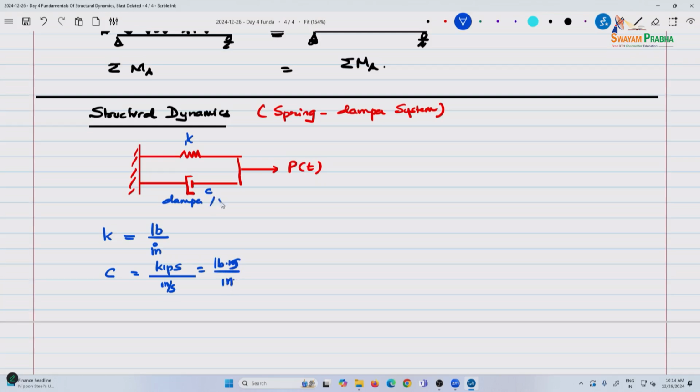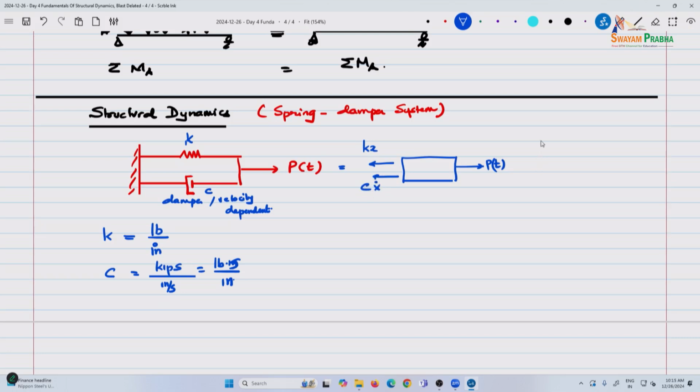So a damper's force is velocity dependent. And so this whole thing is now represented by a mass and then you have P of t. The spring force is dependent only on x, the displacement, and the dashpot is dependent on c and x dot.